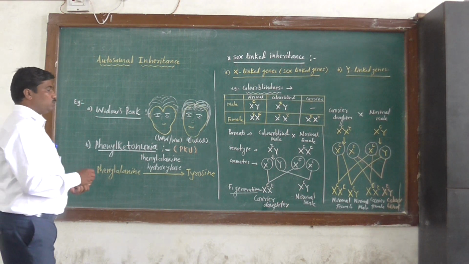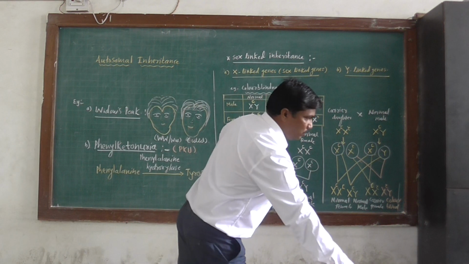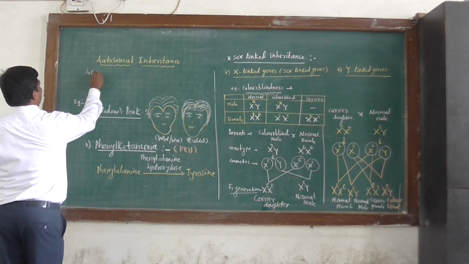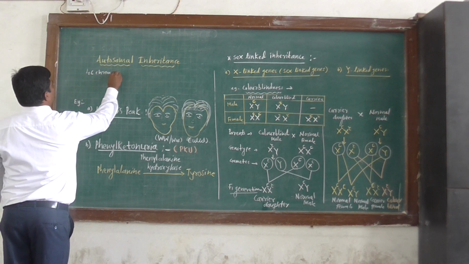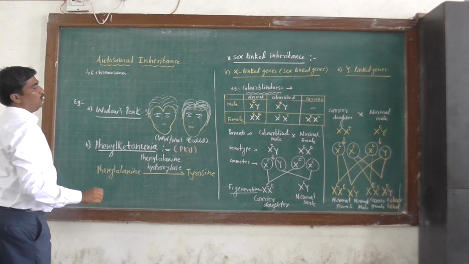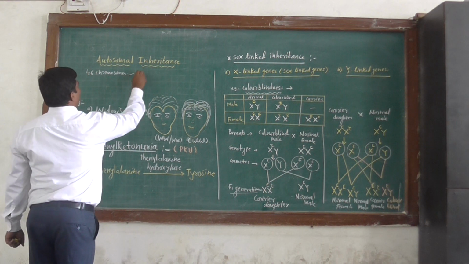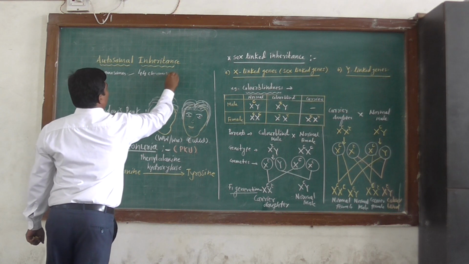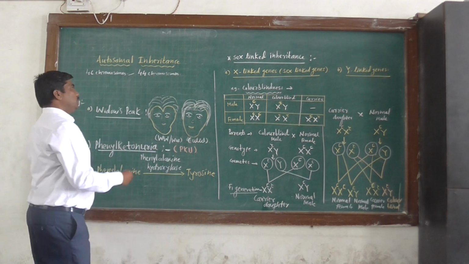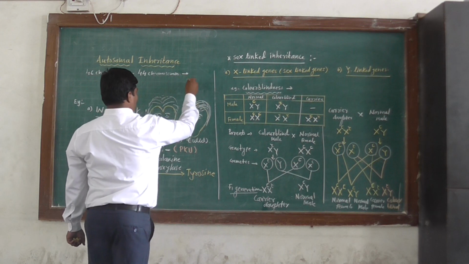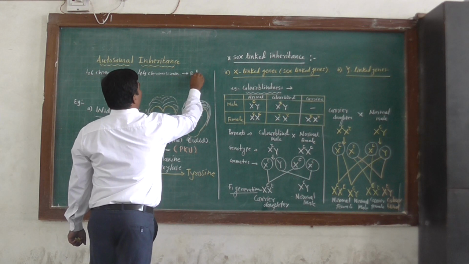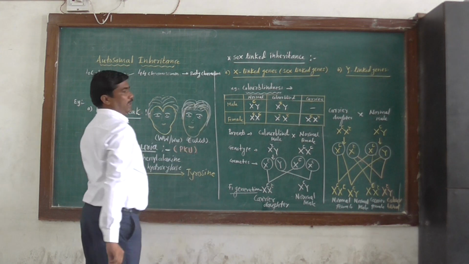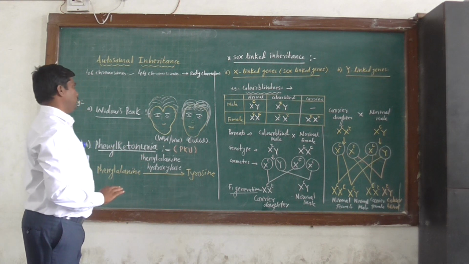So what is autosomal inheritance? You know that the somatic cell of a human being has 46 chromosomes. Out of these, 44 chromosomes are responsible for determination of body characters other than the sex.